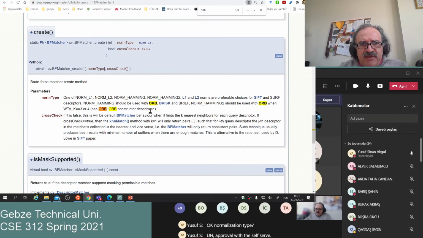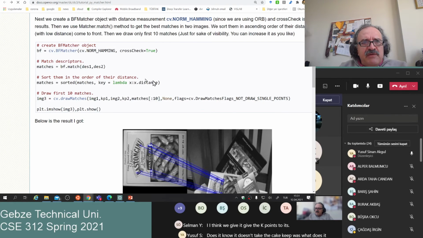Do I have any other? Okay. I didn't find how I change the keypoint detector or descriptor, but I think we give the keypoints to it. Does it take the keypoints?